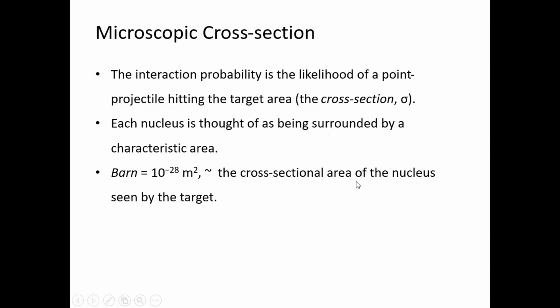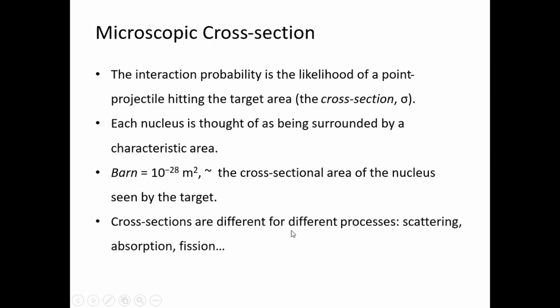The measurements are done in terms of areas, and the smallest unit used is the barn, which is 10 to the power minus 28 meters squared, or in centimeters, one barn is equal to 10 to the power minus 24 centimeters squared.